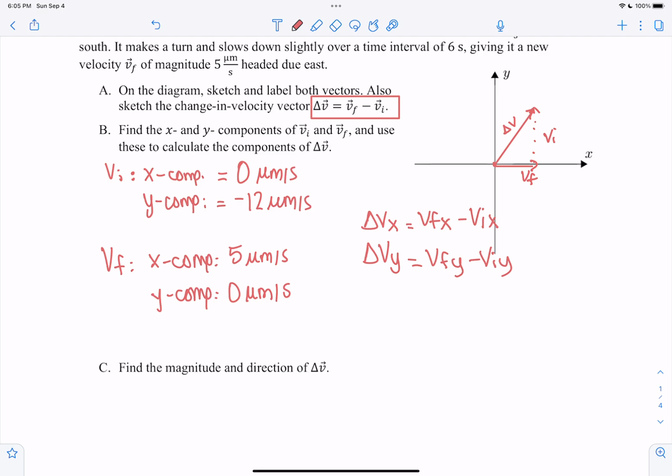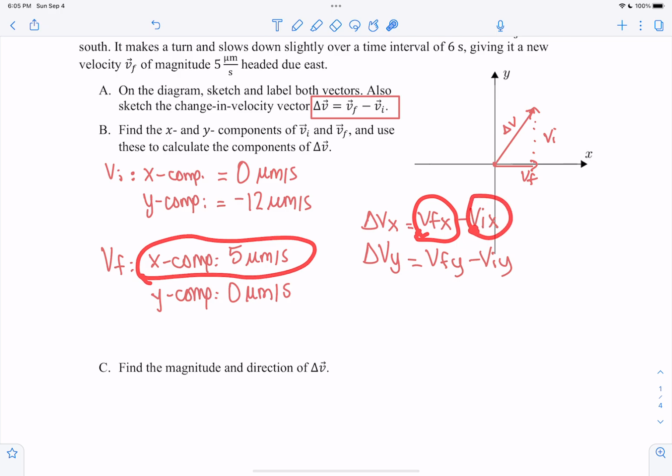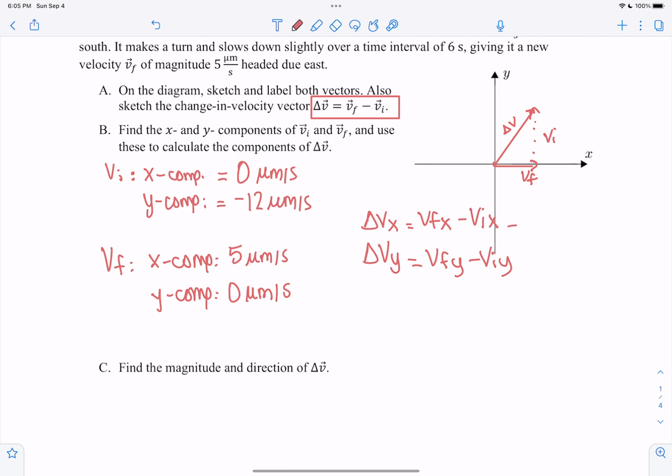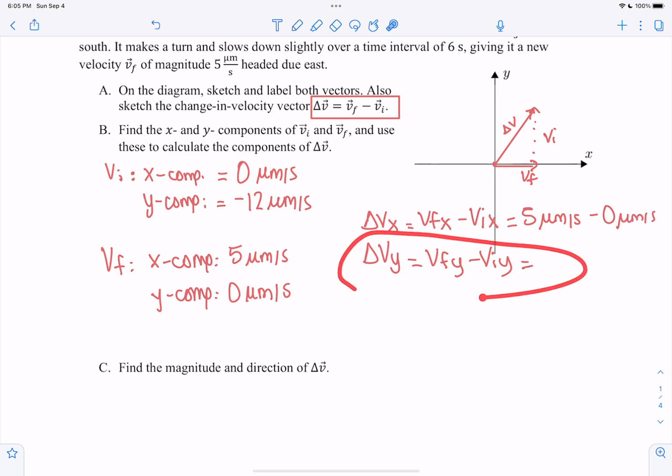So taking Vfx, that was 5 micrometers per second minus the initial velocity in the x direction, which was 0. So this should be 5 micrometers per second minus 0 micrometers per second. How about delta Vy? What would we have for this part?